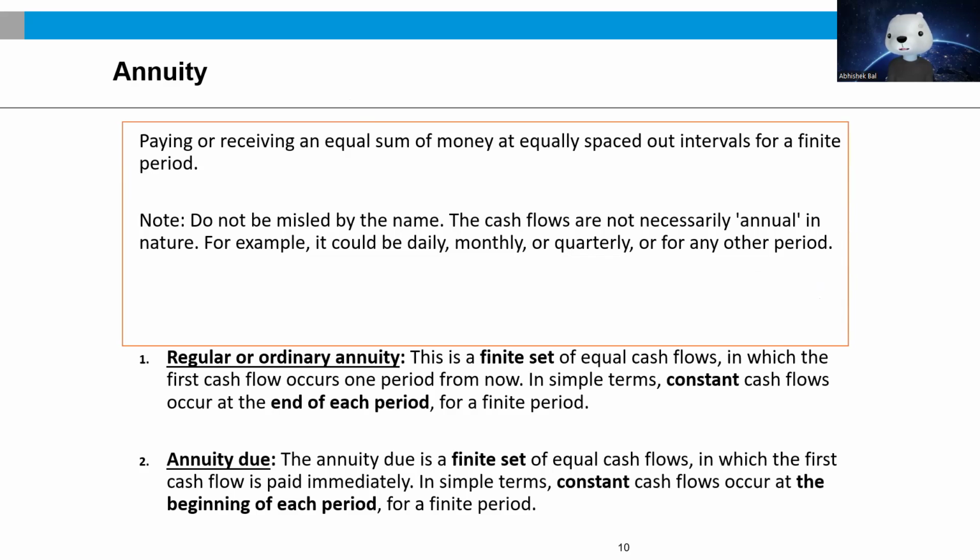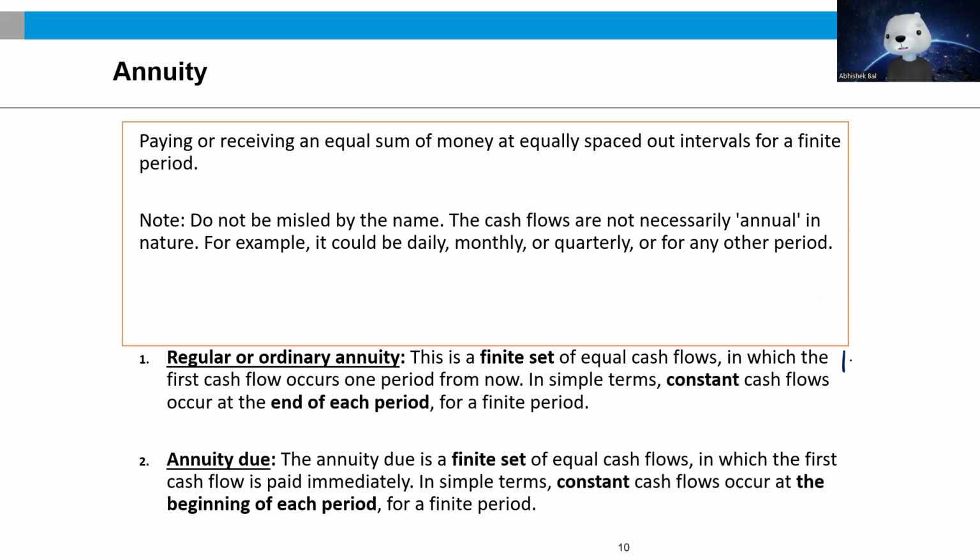But all that I am saying is that to maintain consistency and uniformity, if you specify the cash outflows or the cash inflows periodically spaced every week, every day, that also can be termed as an annuity. Or if you're talking about a year, only one payment each year is to be considered, that also can be termed as annuity. All right, so there is a difference between regular annuity and annuity due.